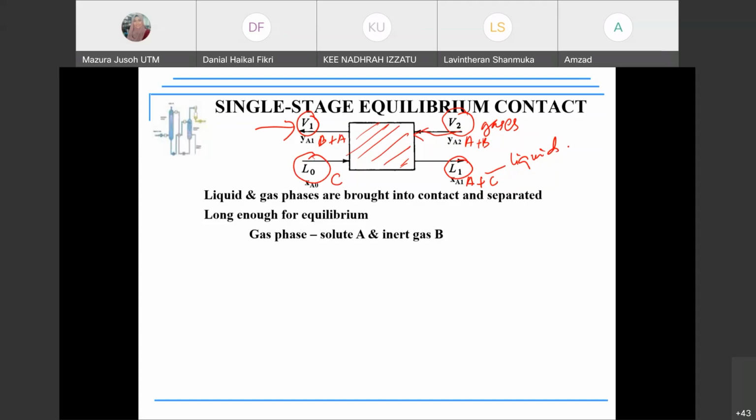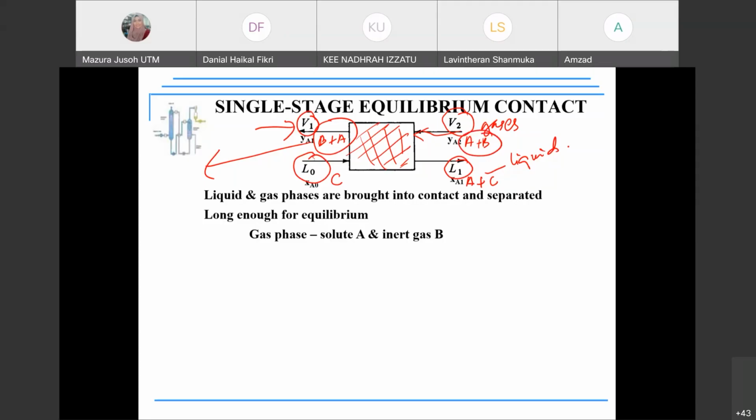So you will have B mostly and a leftover of A that is not transferred into the C. This will depend on the statement or condition you put for your single stage. Let's say your statement is to remove 90% of A. So you have here A plus B.